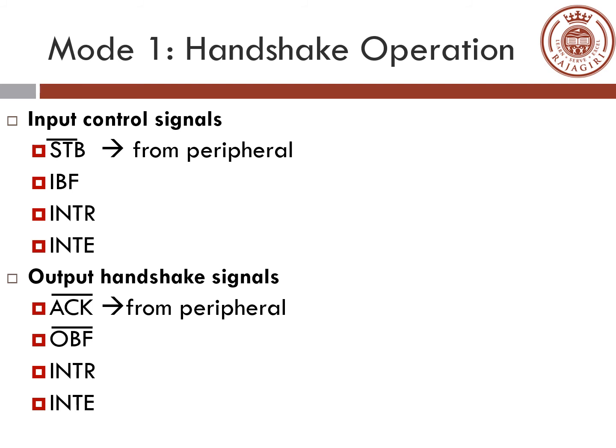The output handshake signals are ACK bar, output buffer full bar, and INTR, and again an INTE, which is the interrupt enable, that can be set or reset using BSR bits.